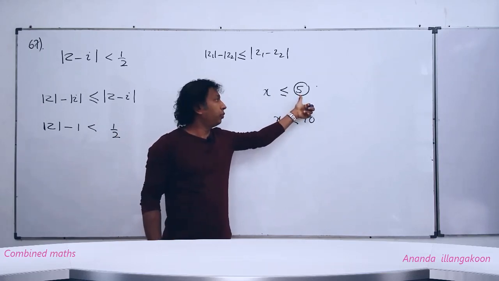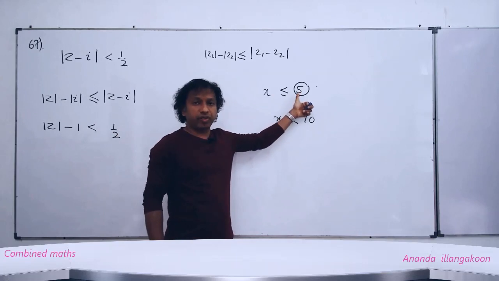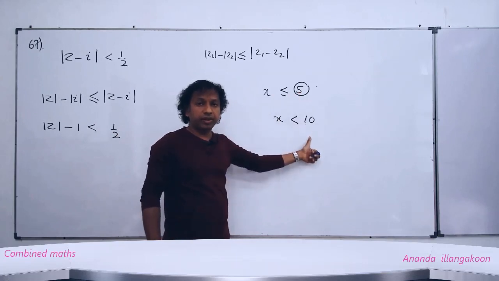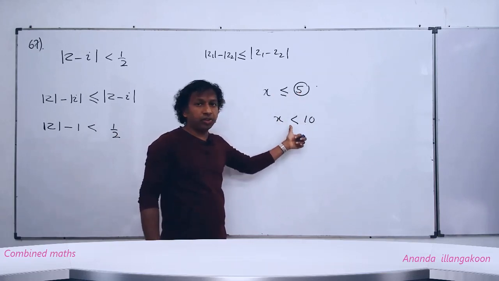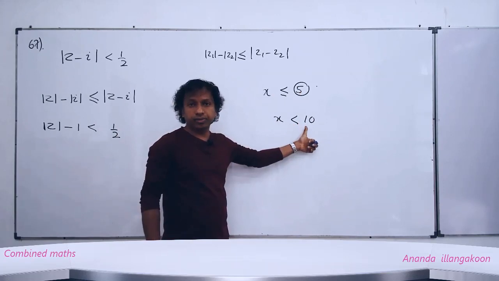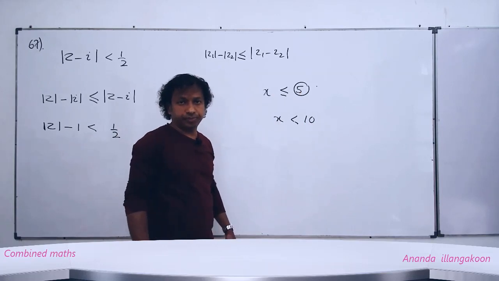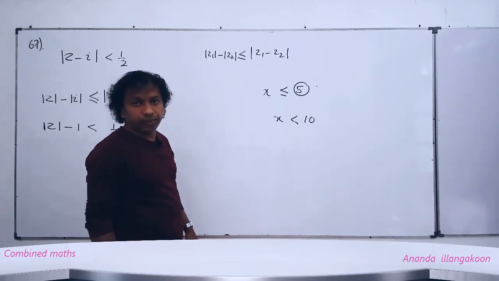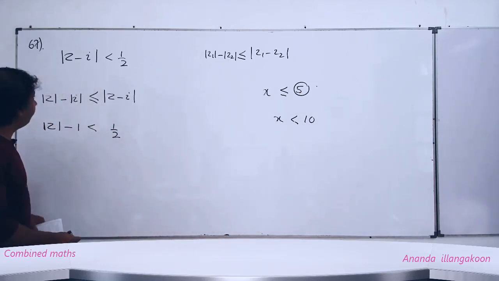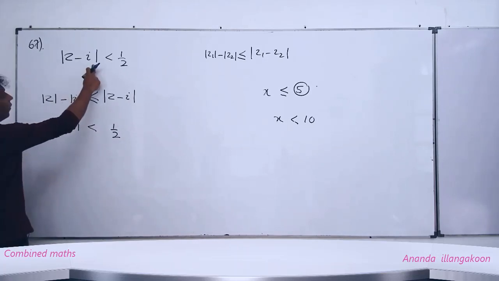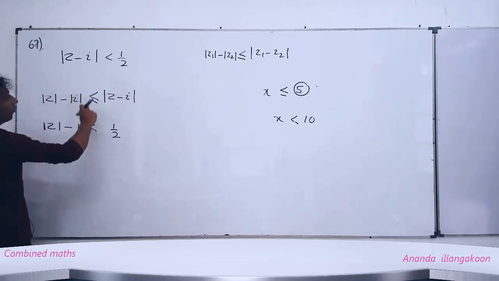When you put to this place a greater value than 5, like 10, if you put equal sign here, x equals 10, wrong idea. On that occasion, less than sign only valid. Like that here also, |z minus i| less than half.